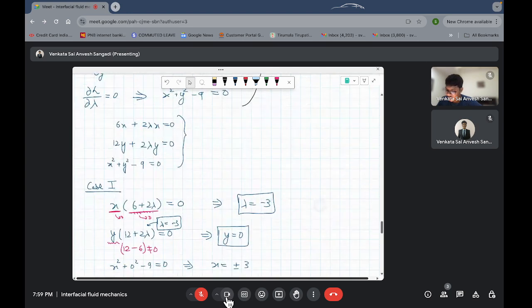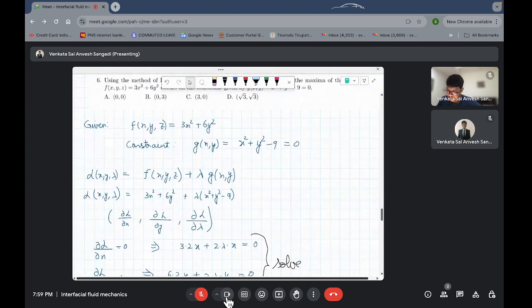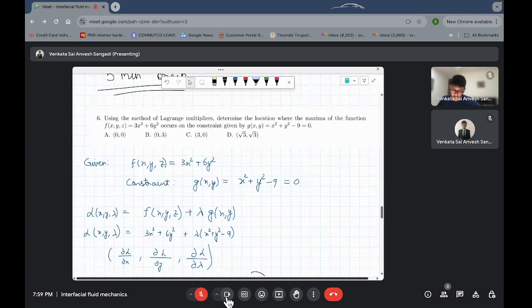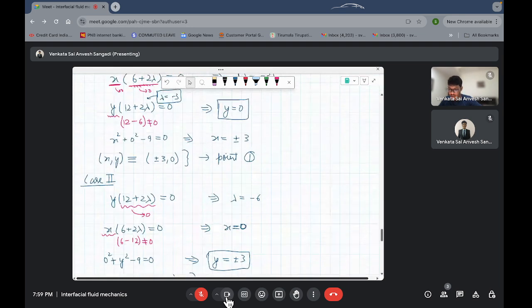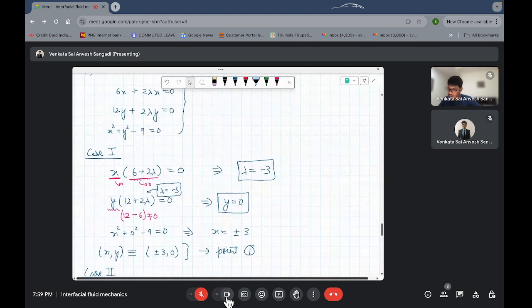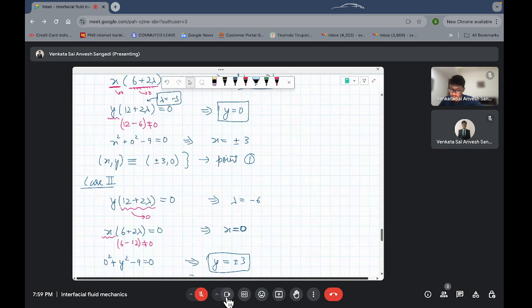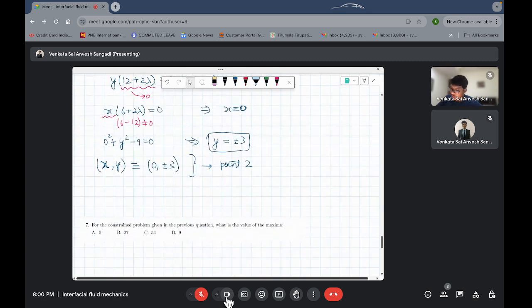So we are asked to find the maxima of the function. So we have found 2 points here. Point 1, which is plus or minus 3 comma 0, which is this, and then point 2, which is this.